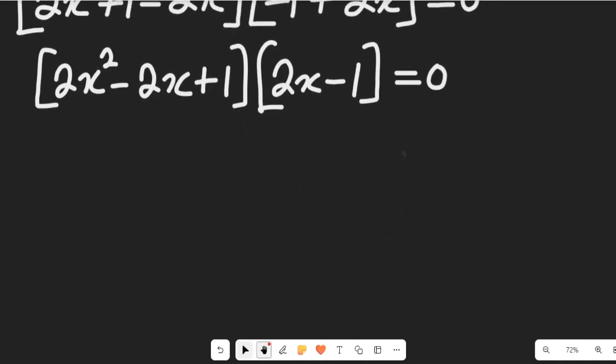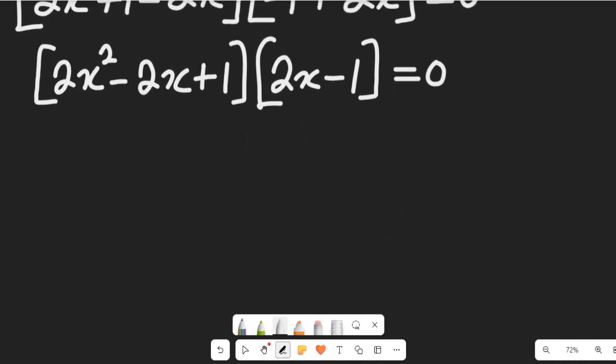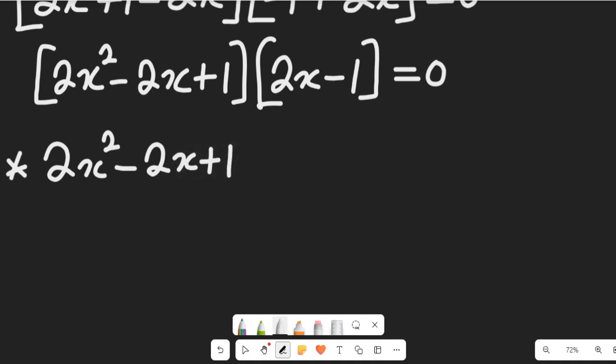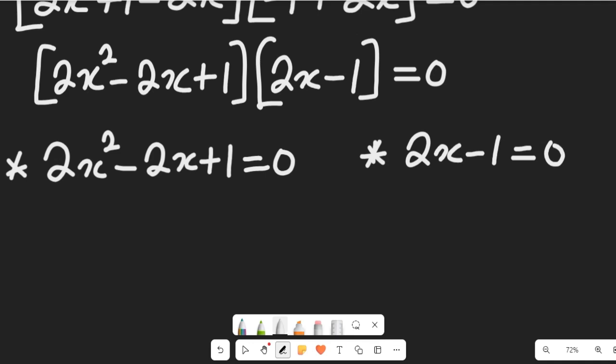Now from this zero product rule, I can take my first expression to give me 2x squared minus 2x plus 1 to be equal to 0. And from the second expression, I can have my 2x minus 1 to be equal to 0.